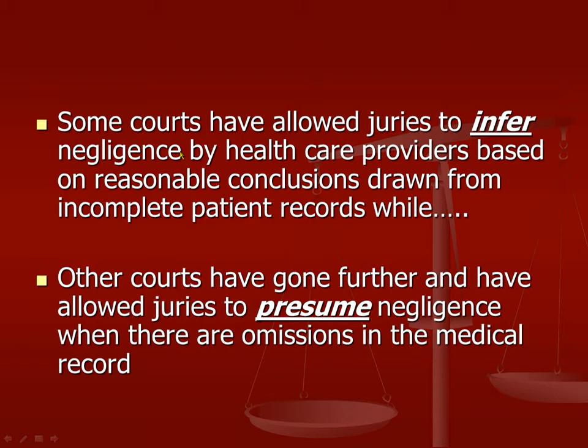You can make your own decision based on the conclusions you draw from this incomplete record. Or presume, meaning I want you to assume that there was negligence because there were omissions in the medical record. So again, the court can give instructions to the jury as far as inferring or presuming certain things because the information is not in the record.